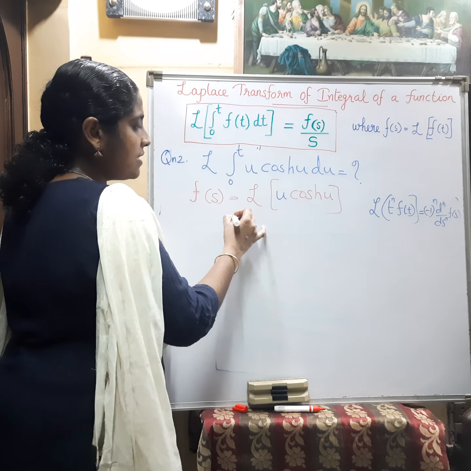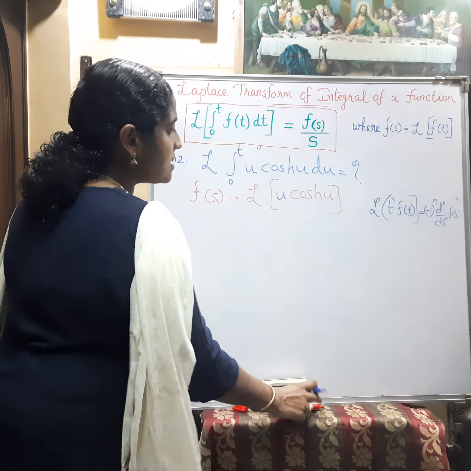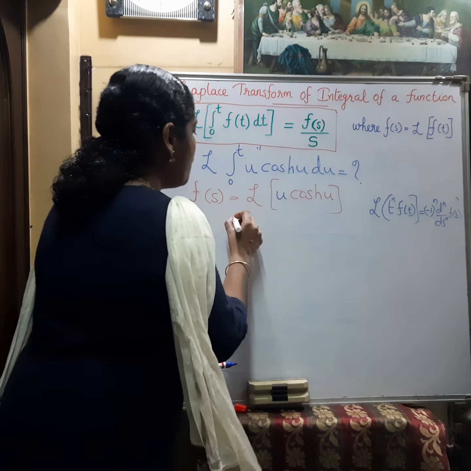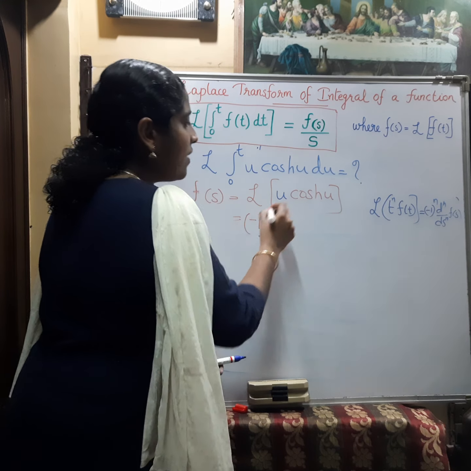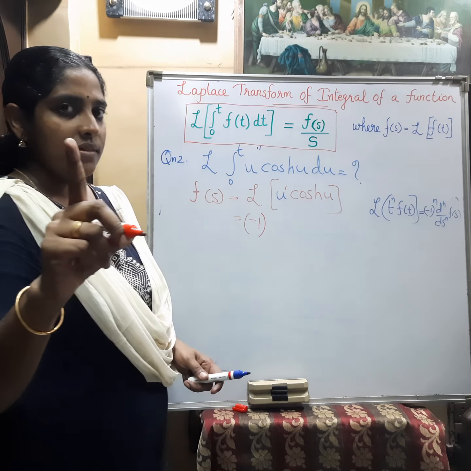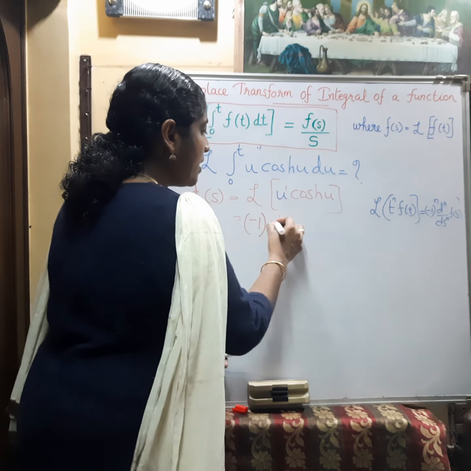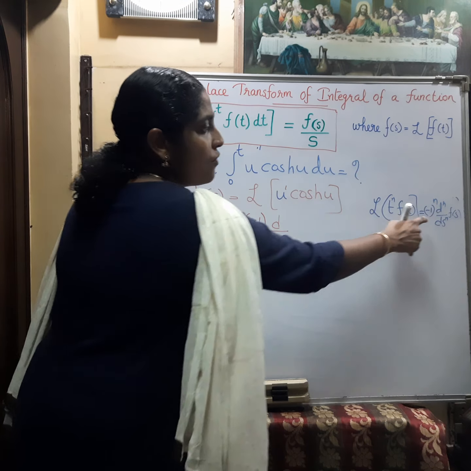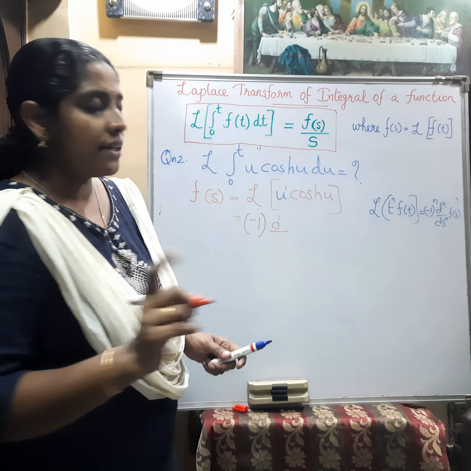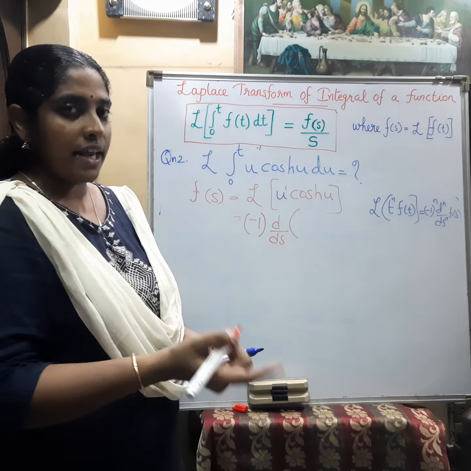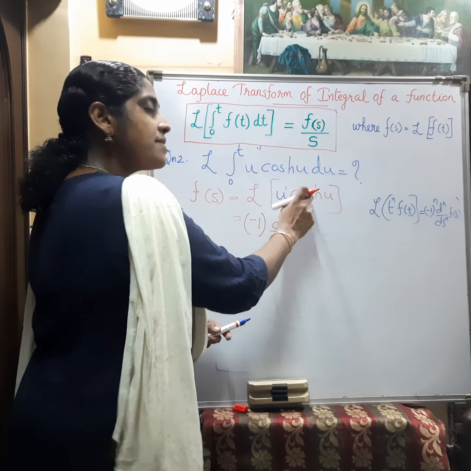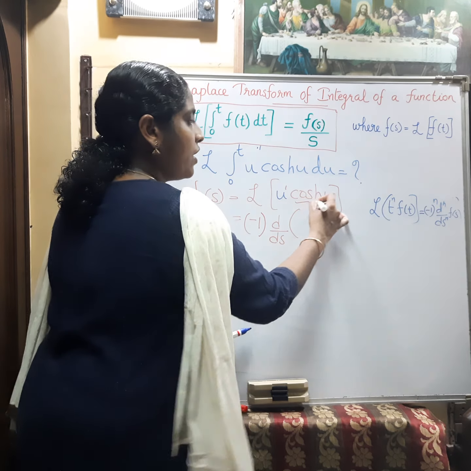Then what will we get? The Laplace transform of u cos hu is minus 1 raised to n. What is n here? n is 1, so minus 1 times the first order derivative, that is d by ds of f of s. f of s will be the Laplace transform of cos hu.